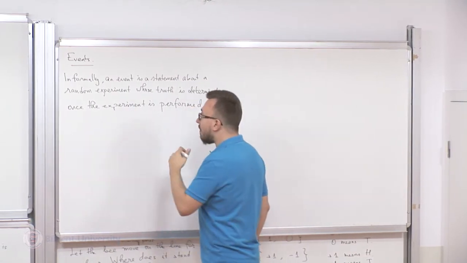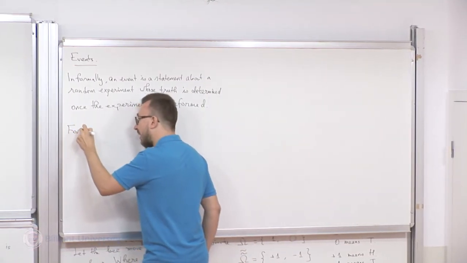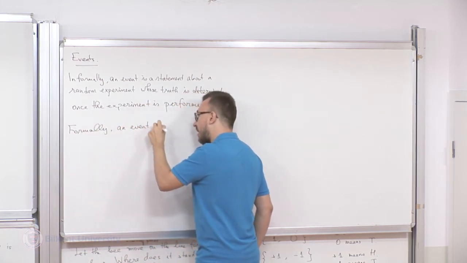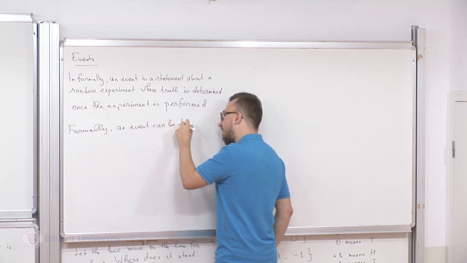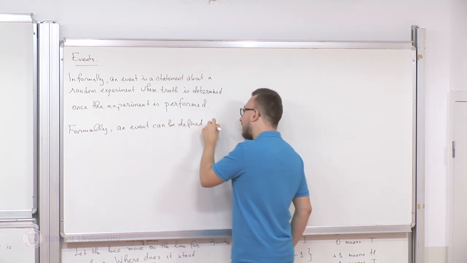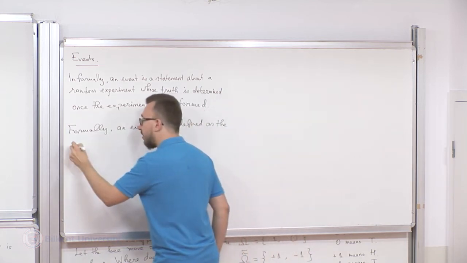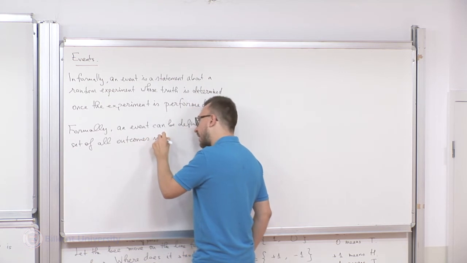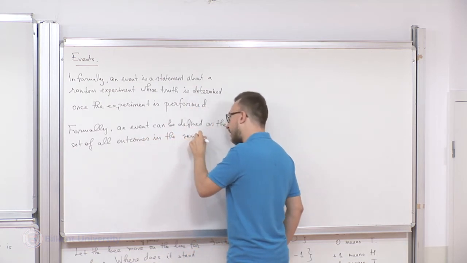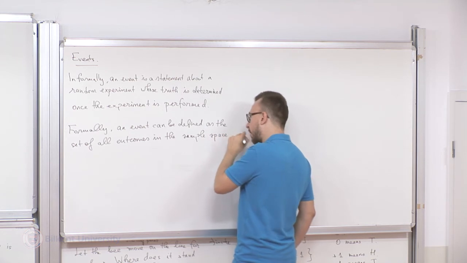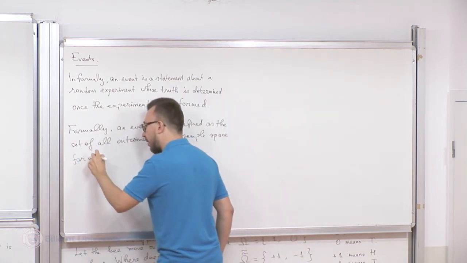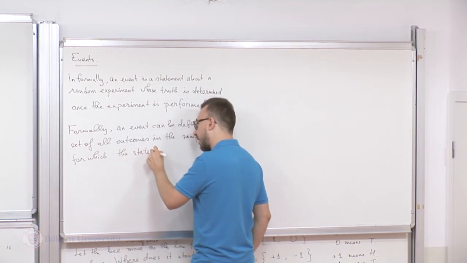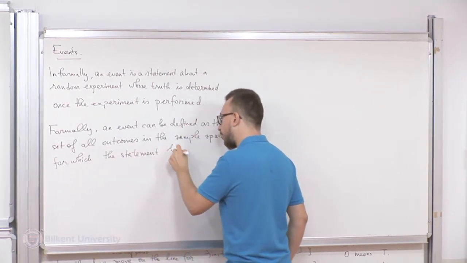Then, in the setting of mathematics, or more formally, an event can be defined as the set of all outcomes in the sample space for which the statement holds true.